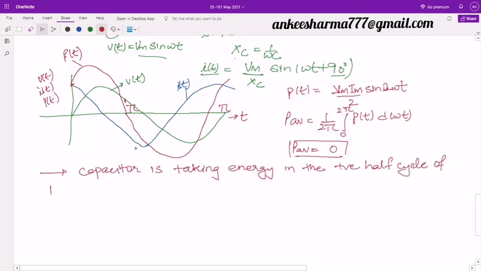This is important. You have to consider the positive half cycle of power, and it is delivering energy in the negative half cycle of power.